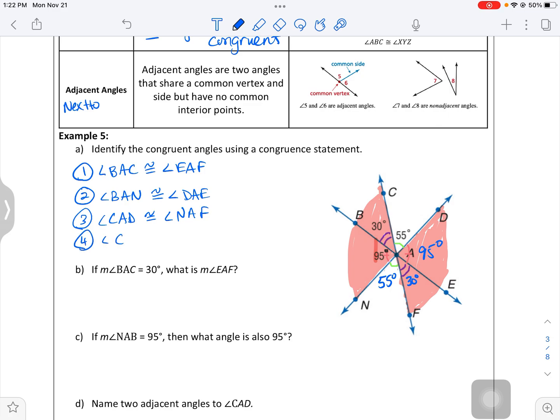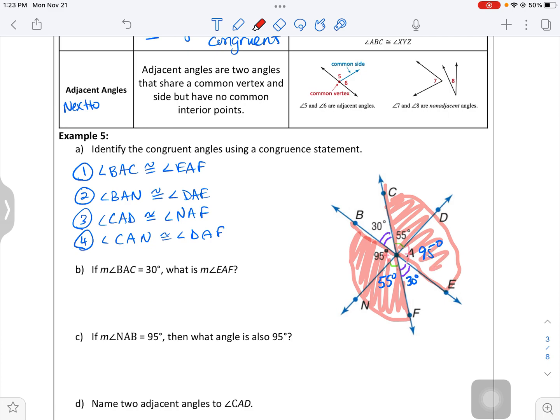So I get angle CAN is congruent to angle DAF. Okay, you could also do it this way. BAF, 95 and the 55. These guys are also congruent because they're both 95 and 55. So our last one will be angle BAF is congruent to angle CAE.